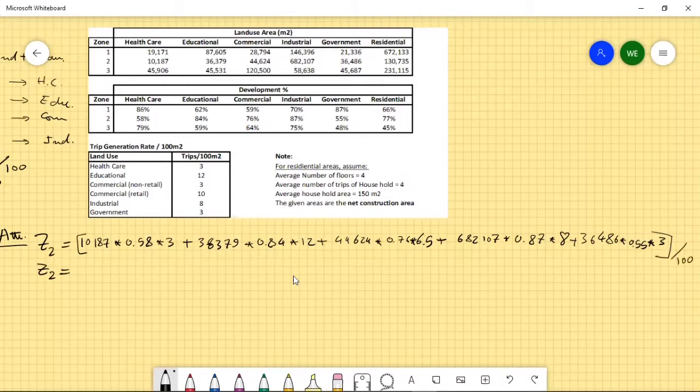You know why it's divided by 100? Because these are trips per 100 meters square. Yeah, I need someone to calculate this quickly, please, for me.